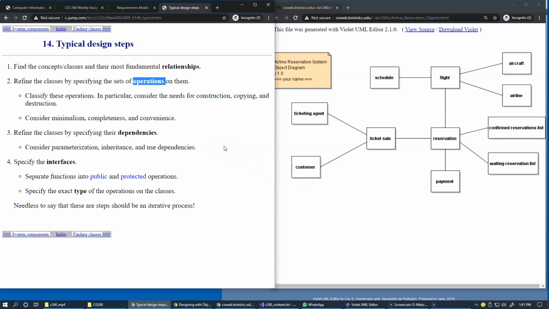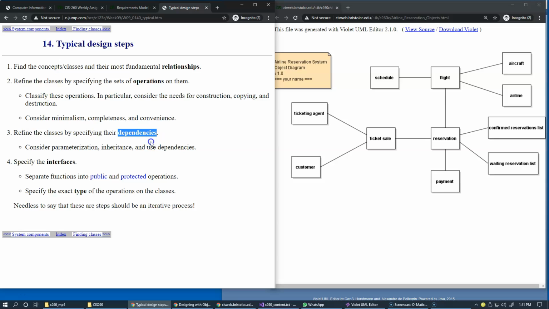We also don't want to overexpand early on. We want some level of minimalism. It's sort of the state of the art to be able to design this system with a minimal set of operations, with a minimal set of data attributes, and not overextend to non-essential levels. We also need to be identifying dependencies.